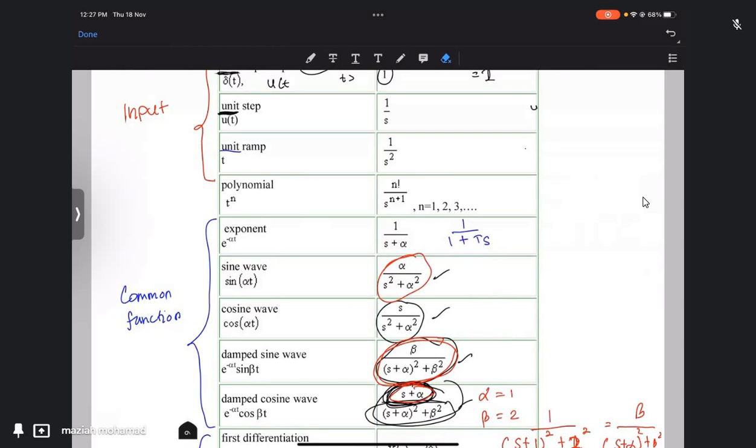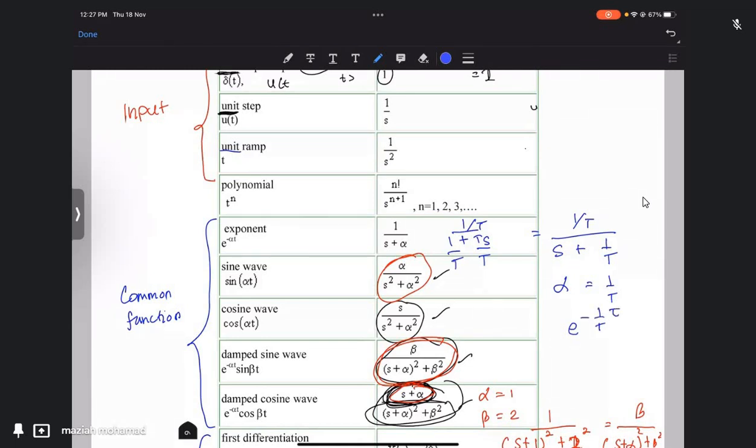So this one we must divide by T, so we get 1/T over s plus 1/T. Therefore alpha is 1/T, so we get exponent negative alpha t, where alpha is 1/T.